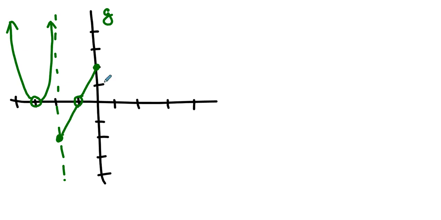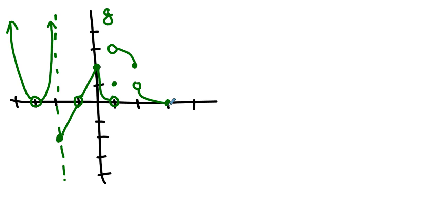And then it's going to go down to there, and it's going to have a dot here, and it's going to have an open circle here over to a closed circle there, and an open circle here down to a closed circle there.